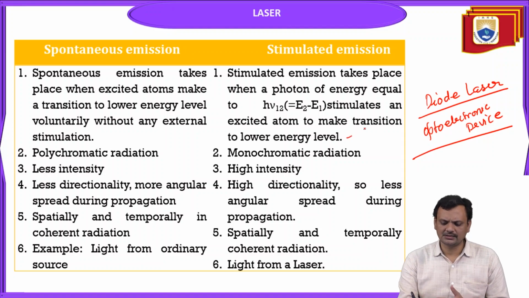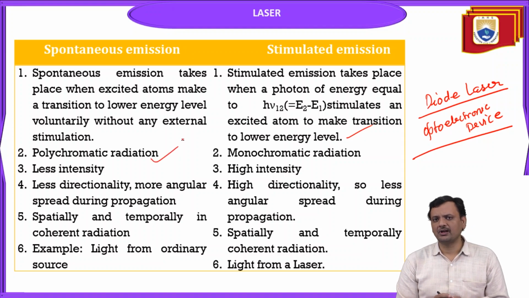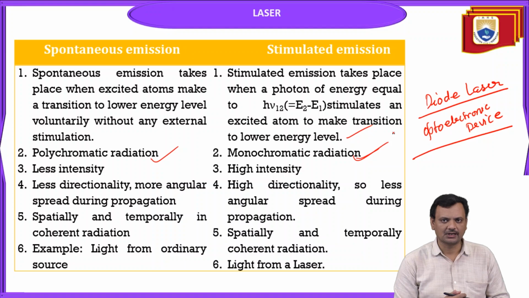So I already discussed this one. Now, spontaneous emission may be polychromatic, means more than a single frequency. But whatever photons are generated by stimulated emission will have a unique frequency. That's why such radiation is considered monochromatic radiation.